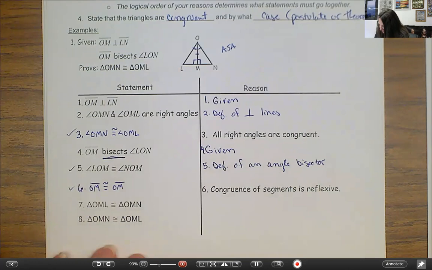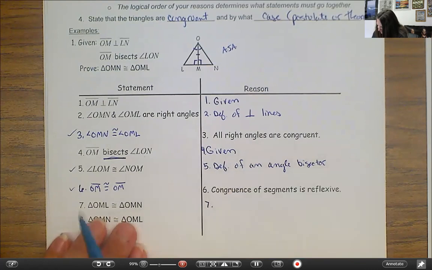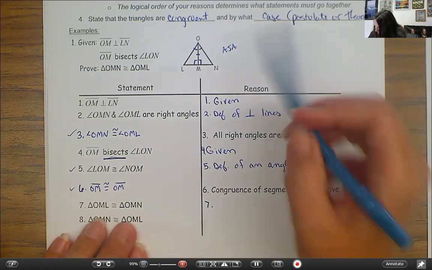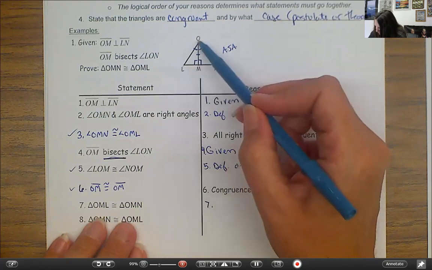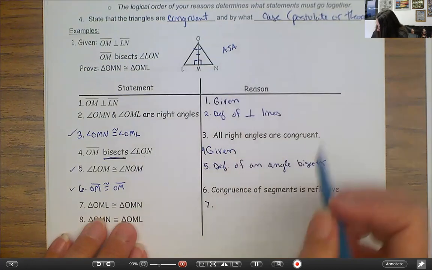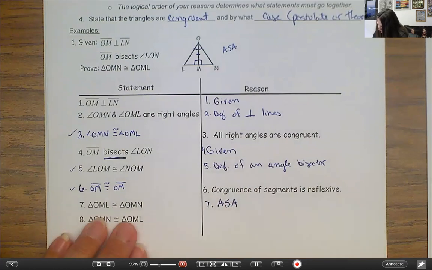So here in step 7, we say that triangle OML is congruent to triangle OMN. OML, which is right here, is congruent to OMN. And that would be by angle side angle.